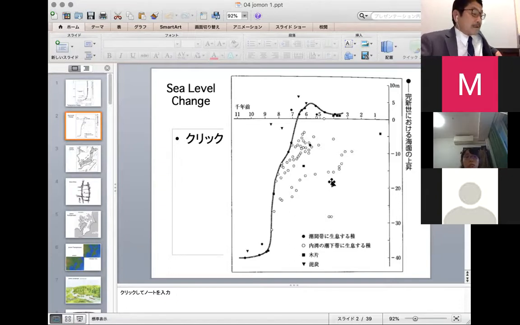I'll talk about that later too. But the decline of the temperature had so much influence on human Jomon culture in the latter half of the period.